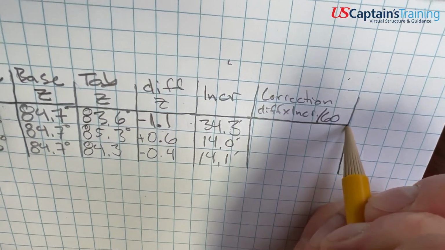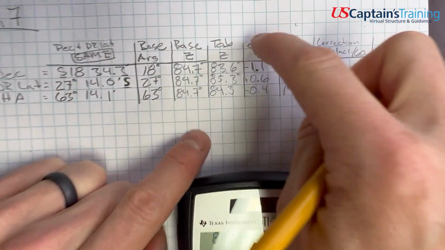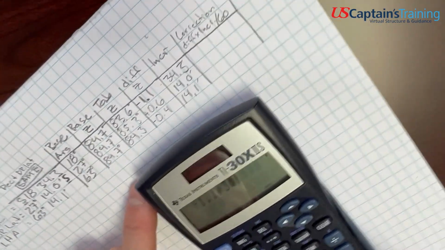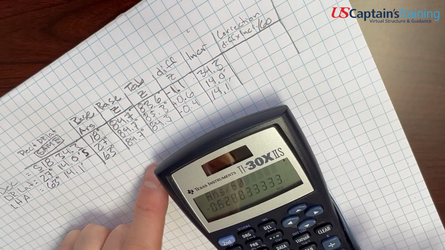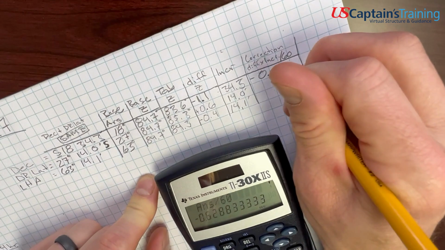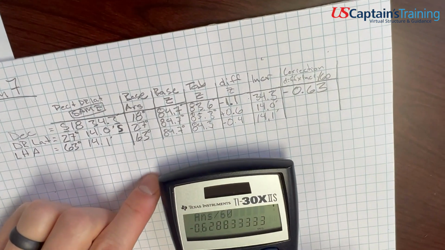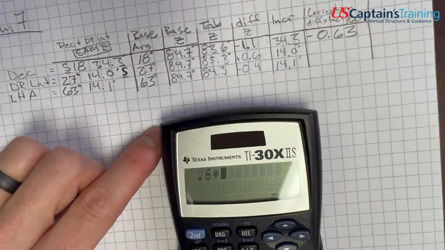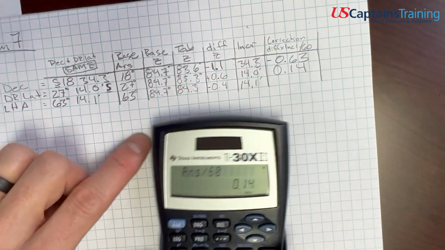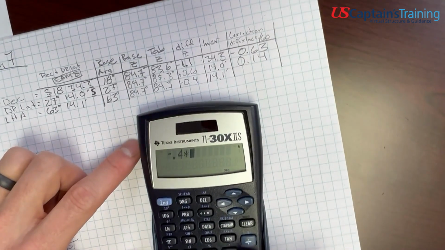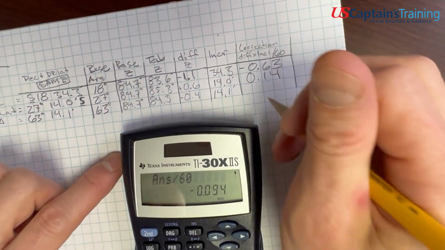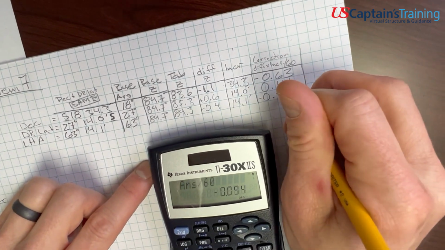So negative 1.1 times 34.3, divided by 60, equals negative 0.63. Now 0.6 times 14, divided by 60, equals 0.14. And the last one, negative 0.4 times 14.1, divided by 60, equals negative 0.09. I misspoke there.